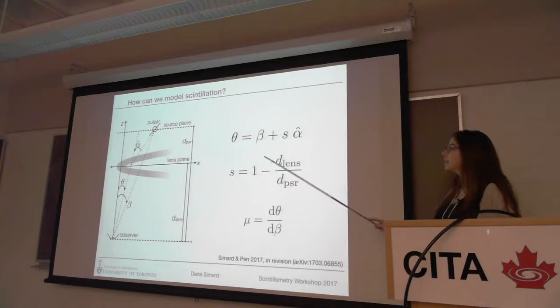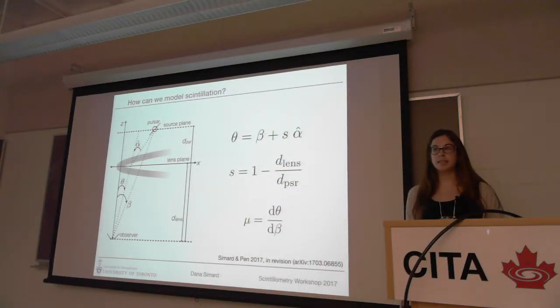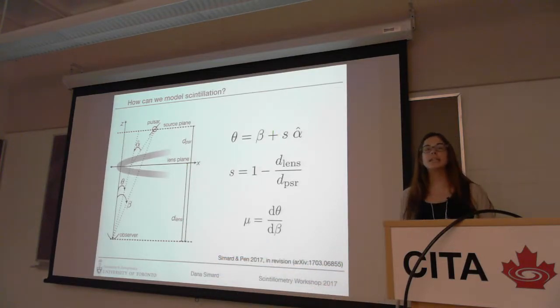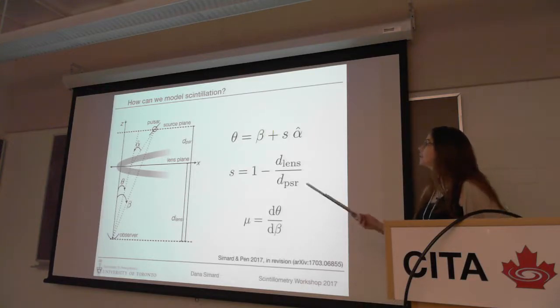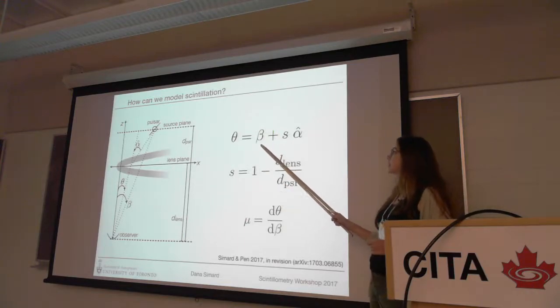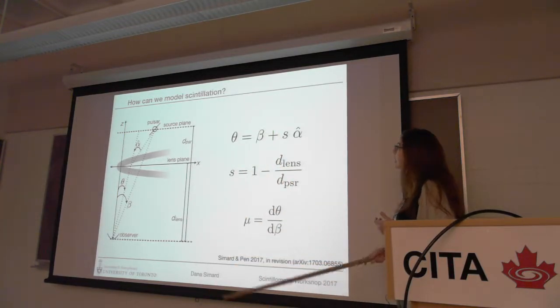So theta is the angular location of our image, or I should say here that we're looking at a single crest. So we'll be comparing a single lensed or scattered image to the line of sight image to the pulsar here. So theta is the location of that scattered image. Beta is the location of the pulsar itself relative to the crest.